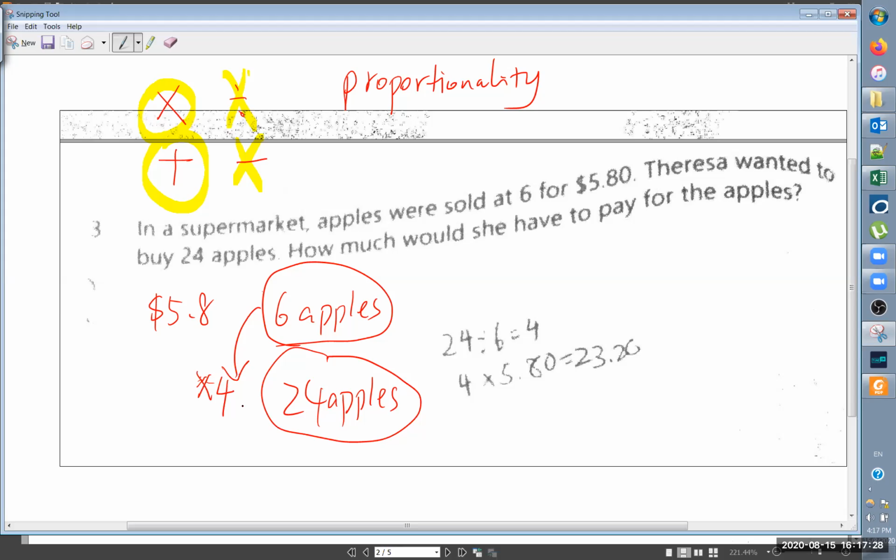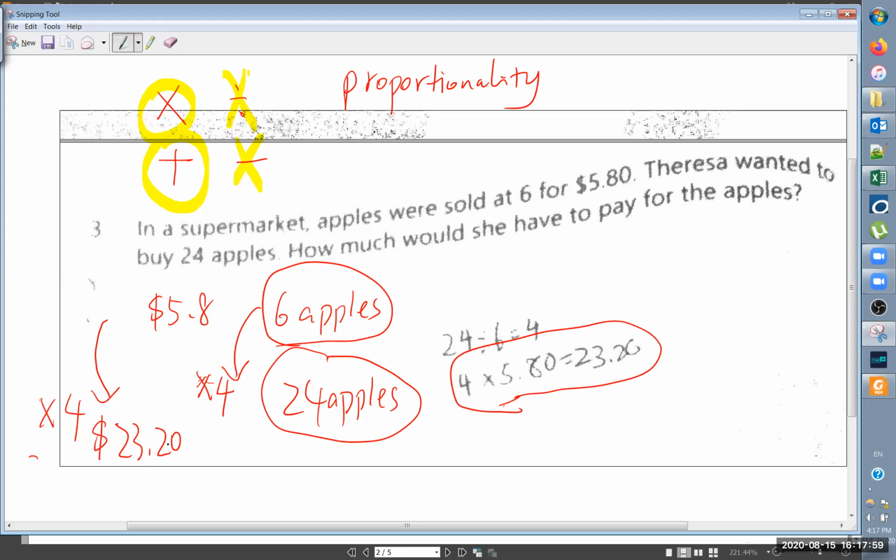So if the number of apples increased by 4 times, your amount also needs to be times 4. That's why you have your 5.8 here times 4, and you get 23.20.